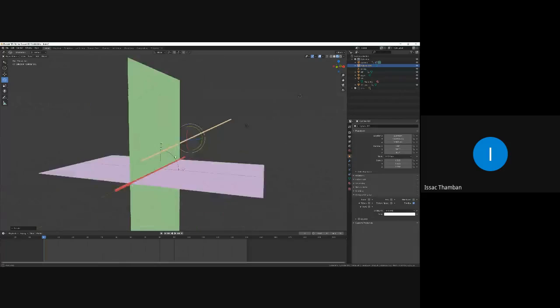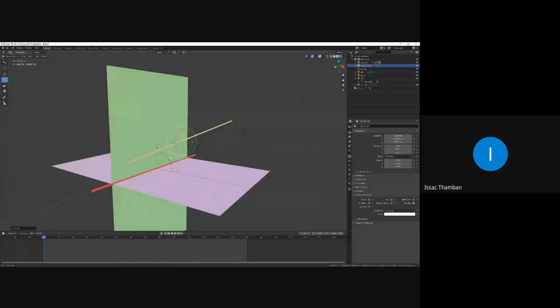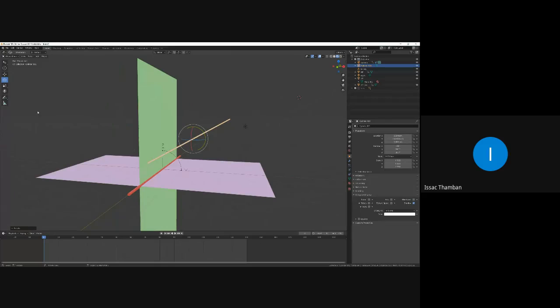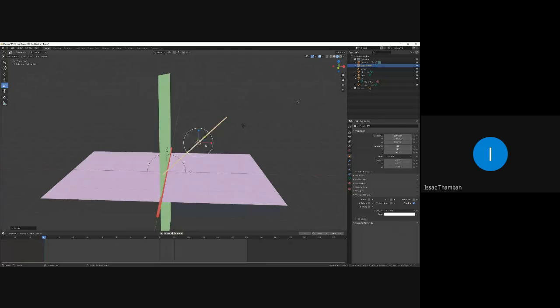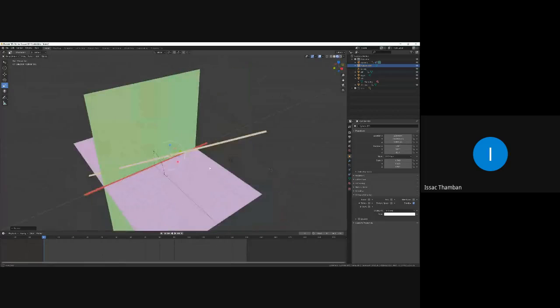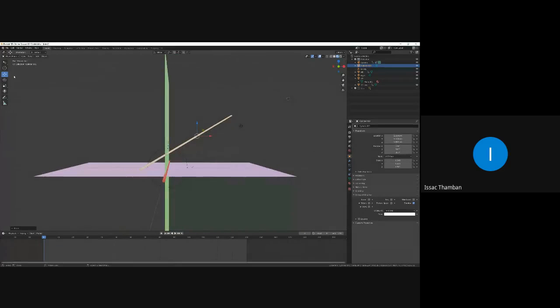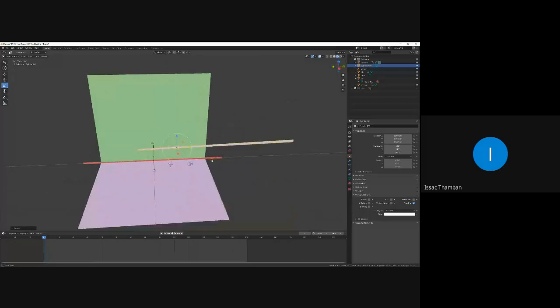So, in this condition, the line is penetrating the vertical plane, and I'm extending that line a little bit. If you extend that line, then you see this.